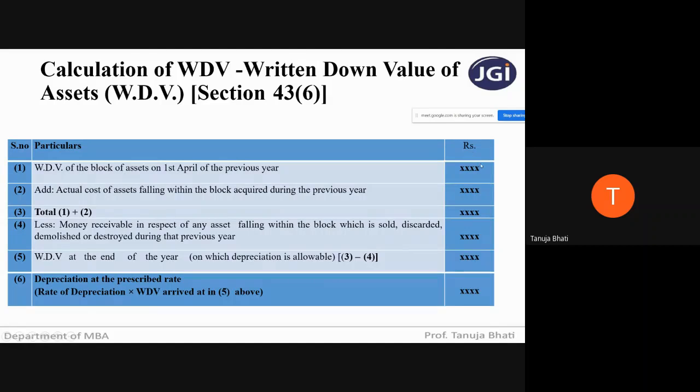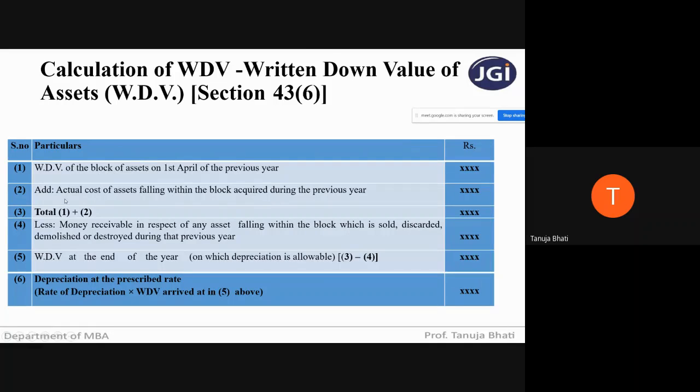So as on 1st April 2019, the written down value of that particular asset has to be taken. Now, during the year, if you are acquiring assets which belong to that category or class, then you have to add the actual cost of the asset falling within the block acquired during the previous year. For example, we are taking building as a block of asset.